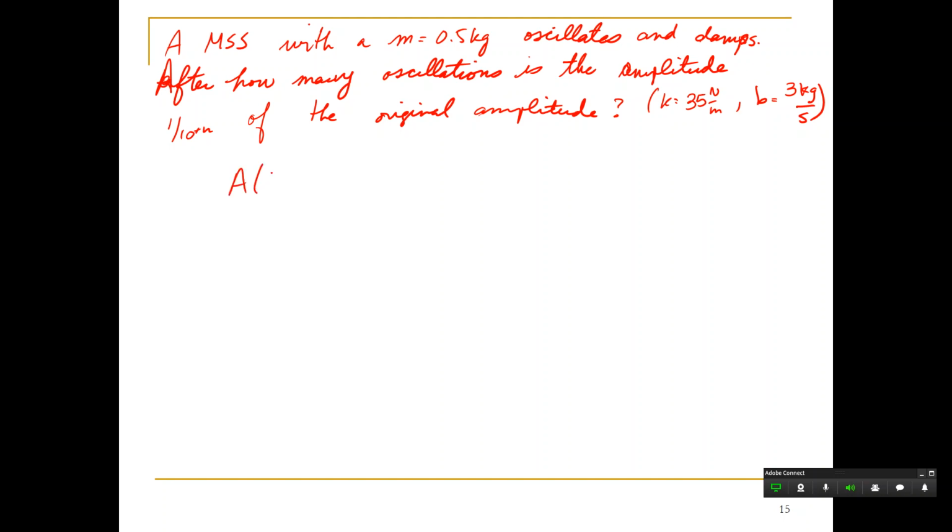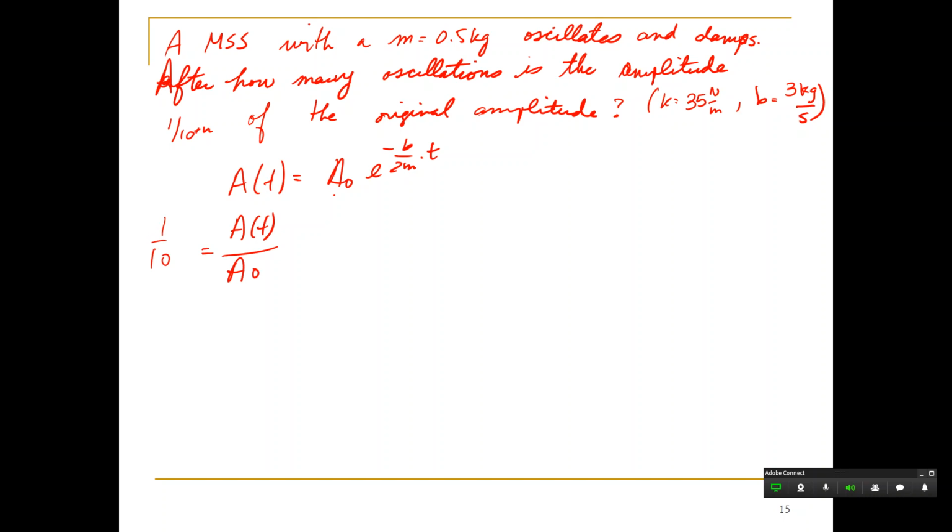We know that the amplitude with respect to time is equal to the initial amplitude times this equation. And we know that the ratio between the amplitude at whatever time this is, divided by the original amplitude, we know that that's 1/10, right?